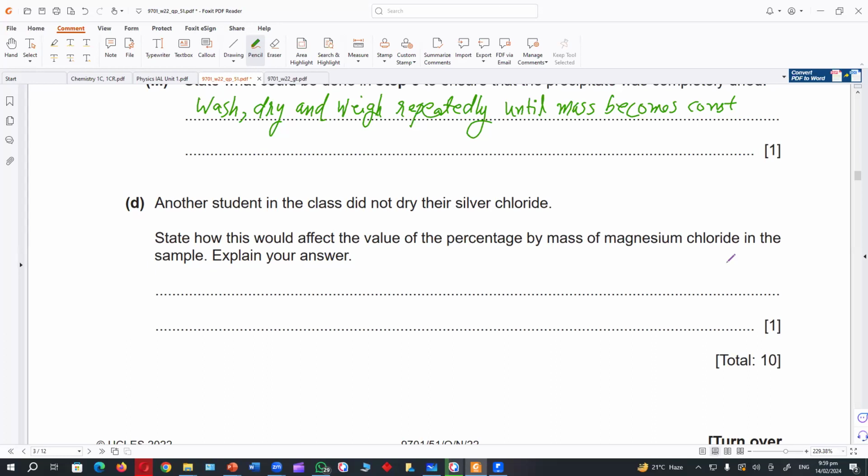So it means the sample will be overweight.